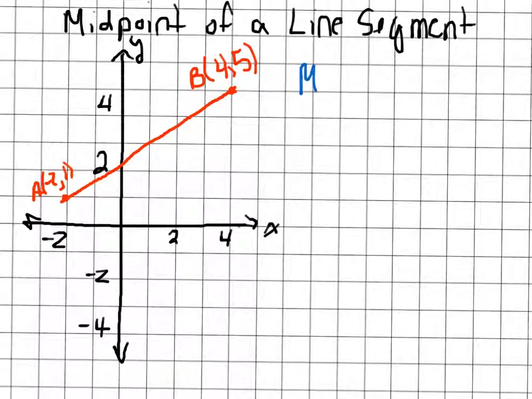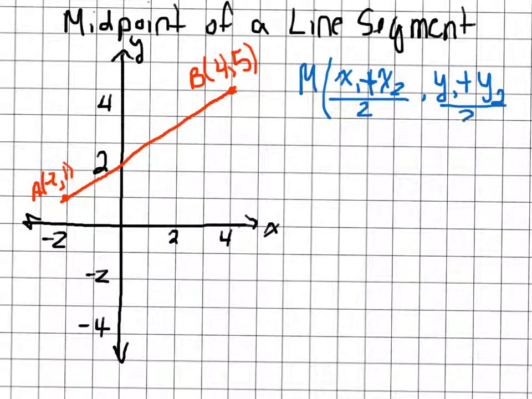So midpoint is x1 plus x2 divided by 2 and y1 plus y2 divided by 2. Because we are taking the halfway point between both the coordinates.